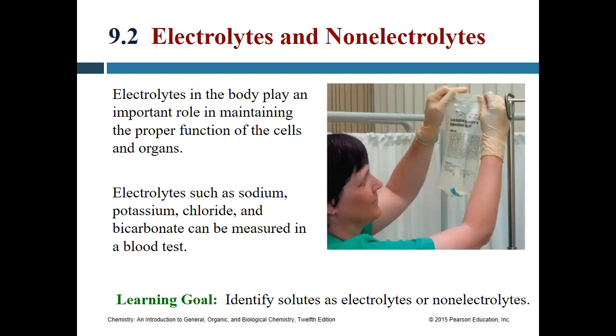Okay, so that was the first part. That was section 1. Now here in section 2, we're going to get into what are called electrolytes. Now, we've heard the term electrolytes thrown around in a number of different ways.